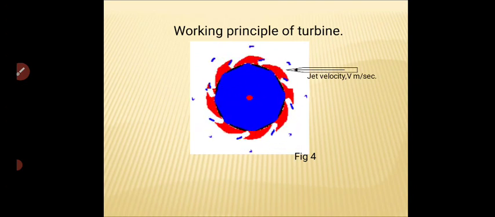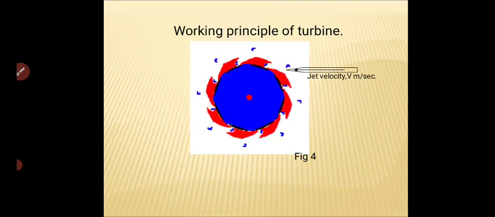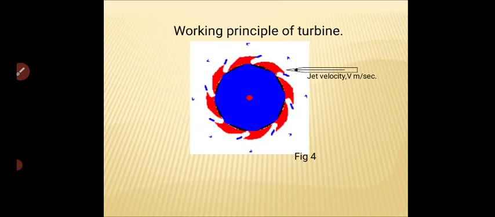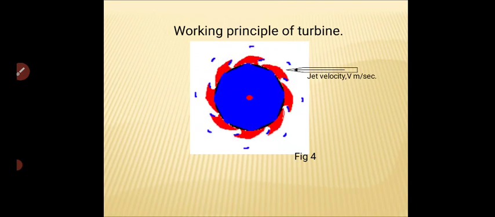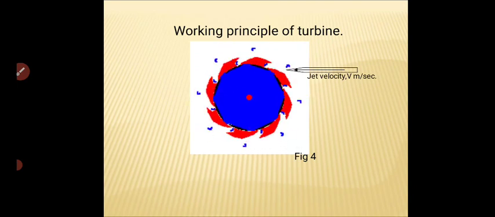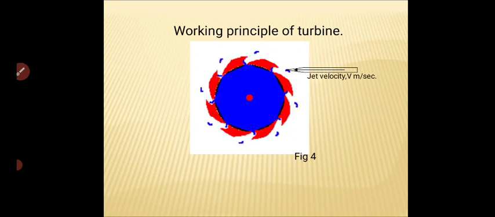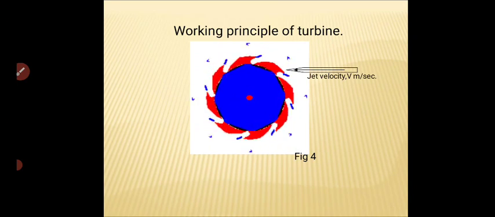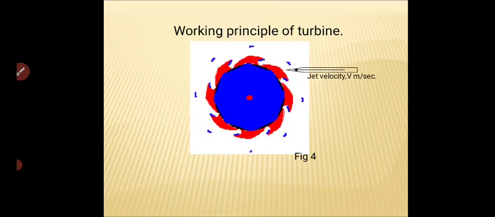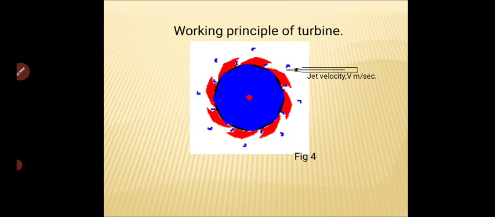The buckets are mounted in pairs to balance the force. The buckets are of special shape. The jet of water from the nozzle at high velocity strikes the splitter and splits.